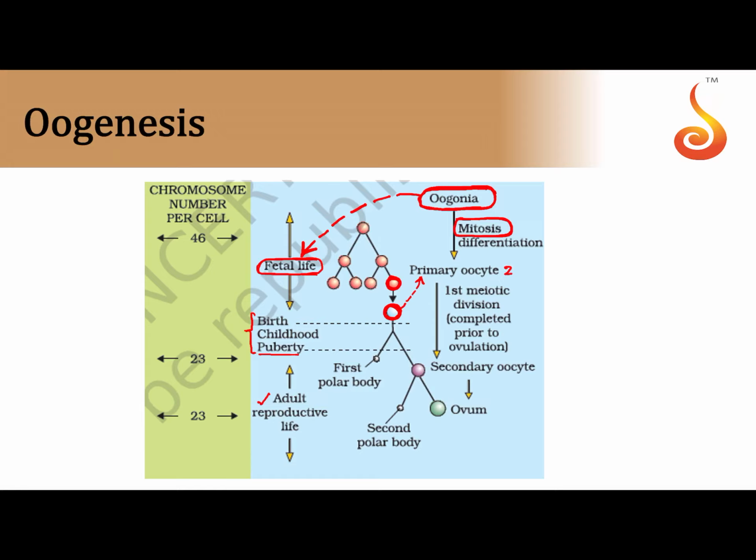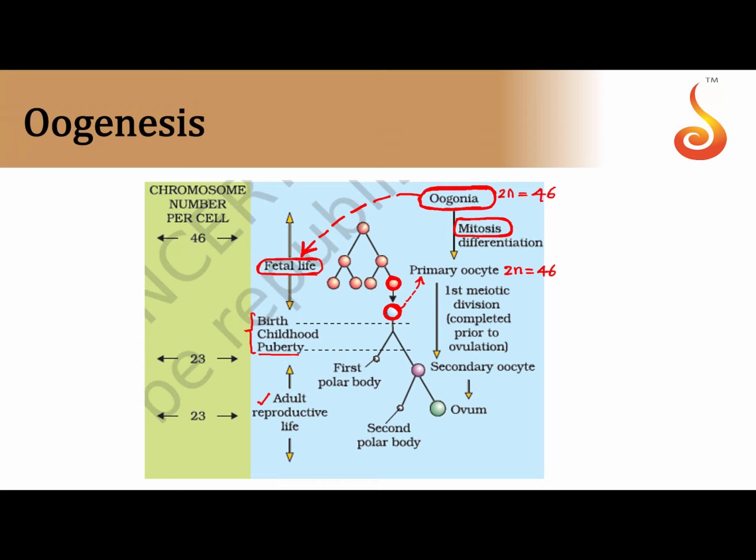It is important to note that the primary oocyte is also a diploid cell with a 2n number of 46. The oogonial cell from which it came is also a diploid cell with 46 chromosomes. So you can imagine that each of the millions of oogonial cells will transform into a primary oocyte the moment they decide to give up on mitosis.